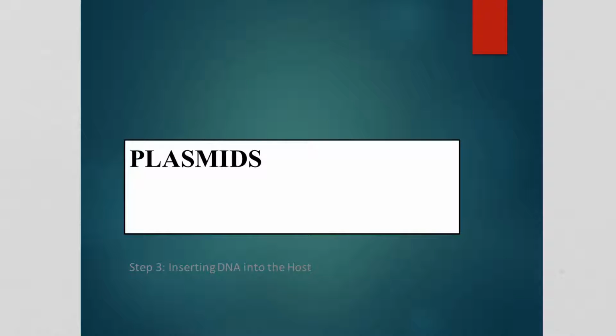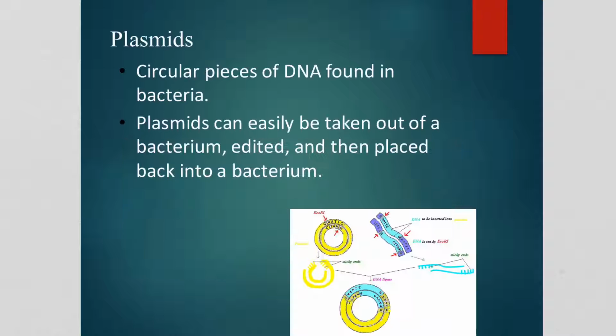The first one we're going to talk about is plasmids, and plasmids are probably the most important. It's probably the most used method of getting DNA into a host organism. Specifically, plasmids allow you to get different genes inside bacteria. We're going to talk about an example of why we might want to do that, but first let's talk about plasmids in general. Plasmids are circular pieces of DNA found inside bacteria.